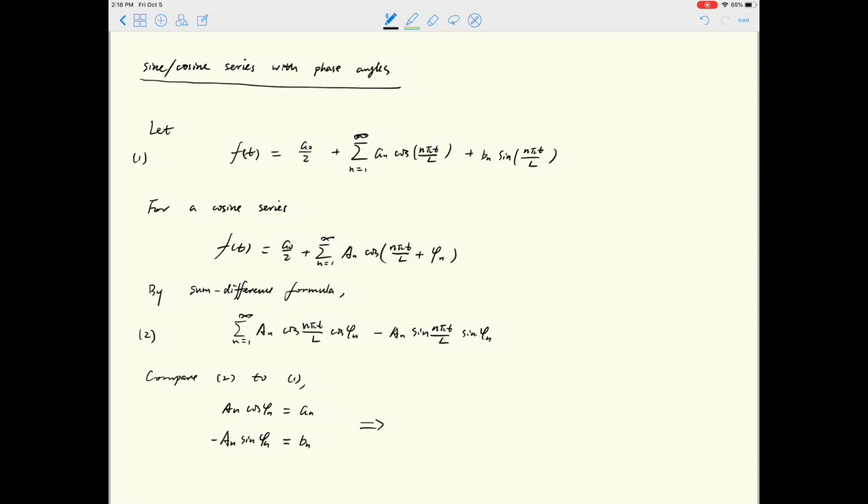Now, from these two equations, I obtain that my capital An is the square root of little an square plus little bn square. And I also obtain that tangent of phi n will be equal to bn over an with a minus sign.